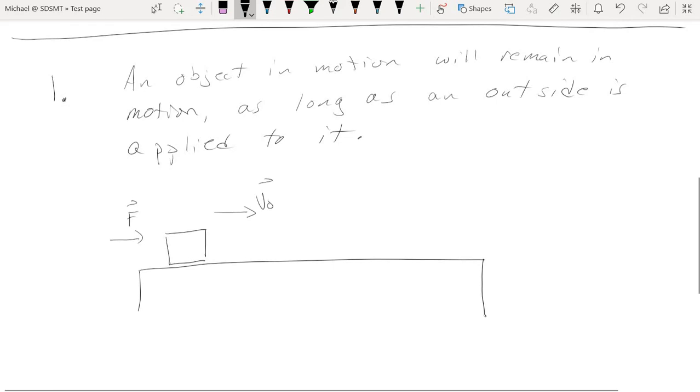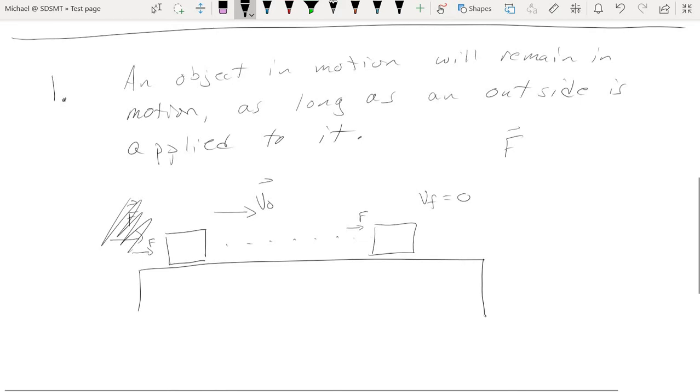But then once you get it moving, you remove that force, and what happens to the block? Well, eventually it slides and it comes to a stop. And so the only way that you could continue to keep that mass moving was if you continued applying that force to the block the entire time.